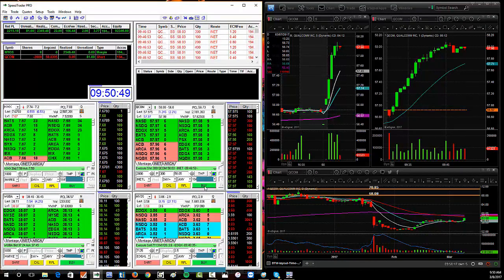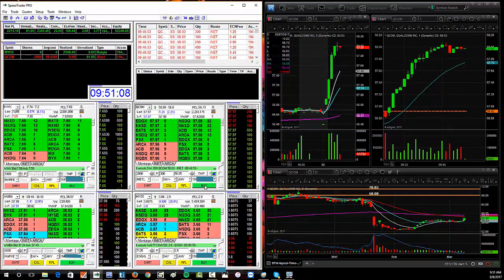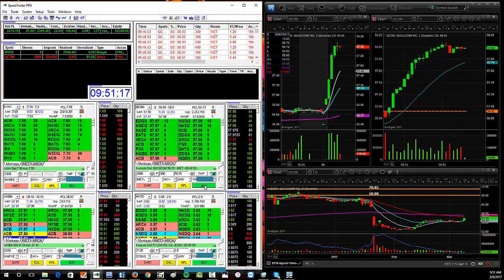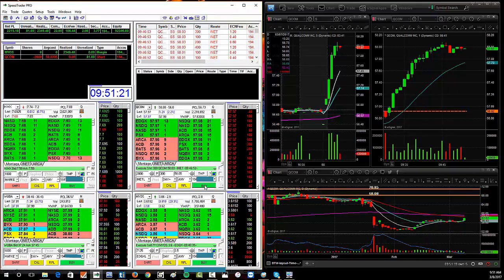MYOS, I'm going to wait for a cleaner 5 minute setup first. So that moving profit target on QCOM is now moved up to 57.74, which is the 20 moving average. And right now it's just holding this level sideways. Obviously, we want to see that trend shift.